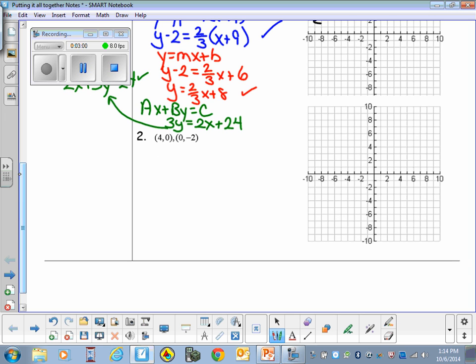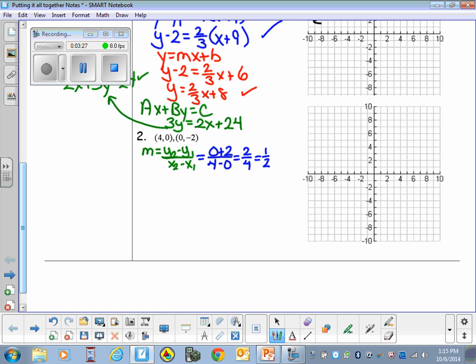In my second example, I have two ordered pairs. So to begin with, I'm going to need slope. The slope formula is y2 minus y1 over x2 minus x1. When I substitute this, 0 plus 2 over 4 minus 0 is 2/4, which is 1/2.